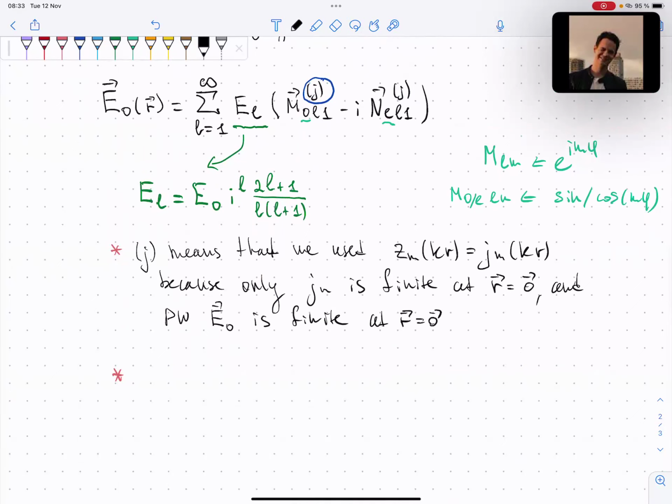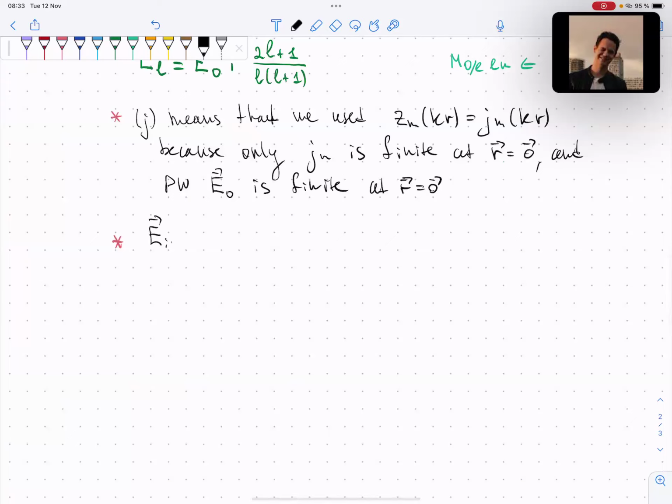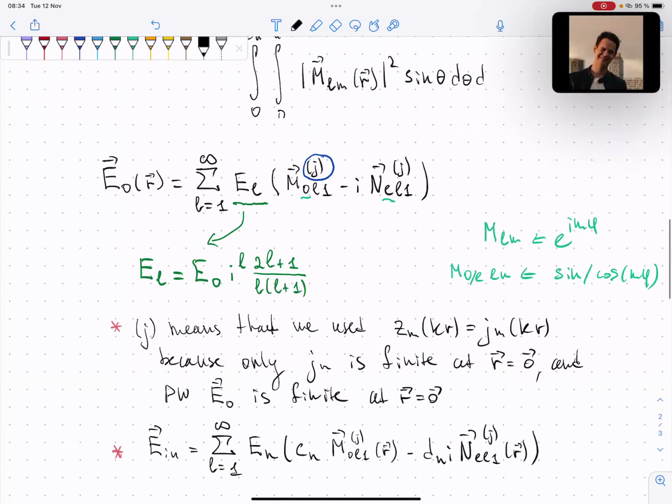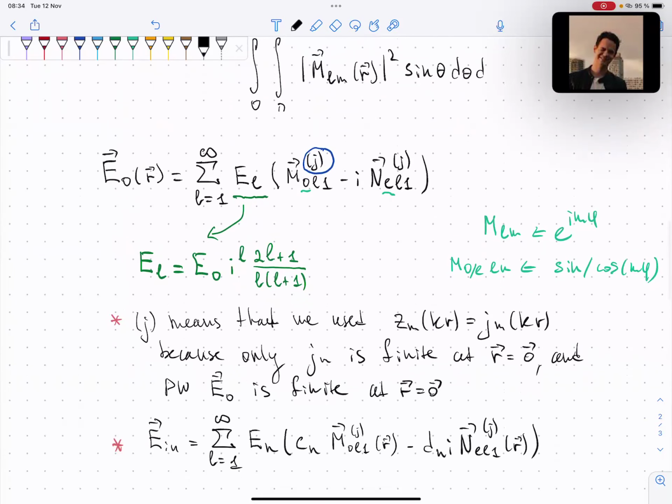For example, we can immediately write the field inside the resonator as a sum from L equal to 1 to infinity of some coefficients C_n M_oL1 J of R minus D_n N_eL1 J of R, because in the expansion of the incident field only these harmonics are present.